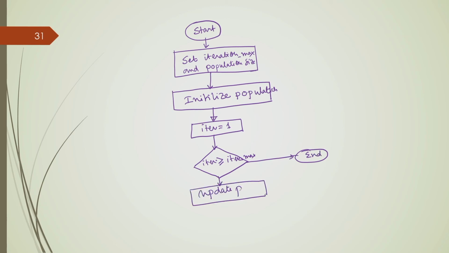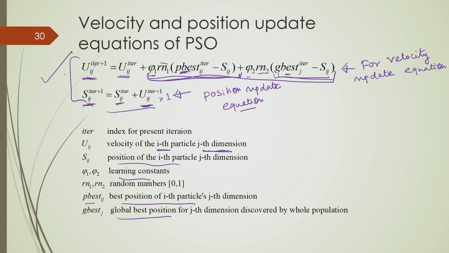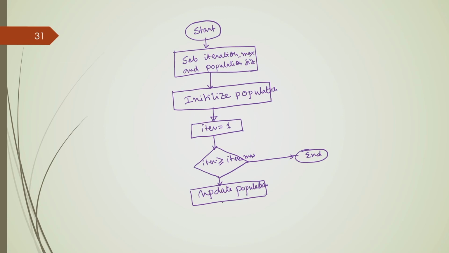You update the population. How do you update? These update equations I have already shown you. This is how we can update. After updating, you make this iteration count iter plus 1. Once you get that, you again go back to this main loop.